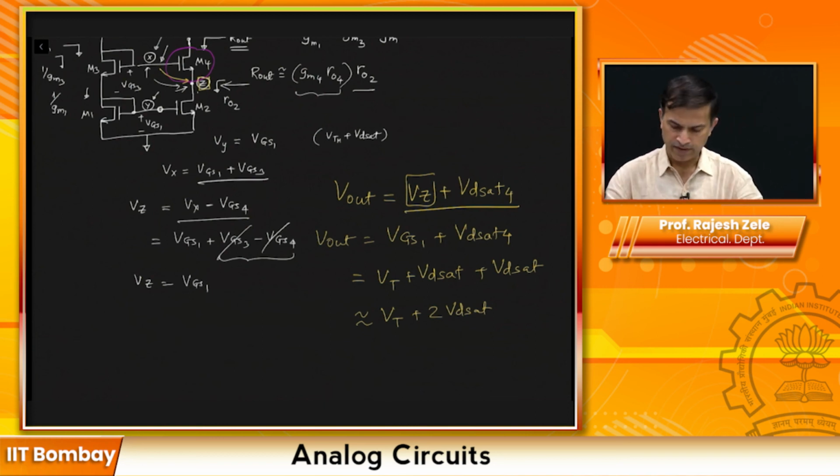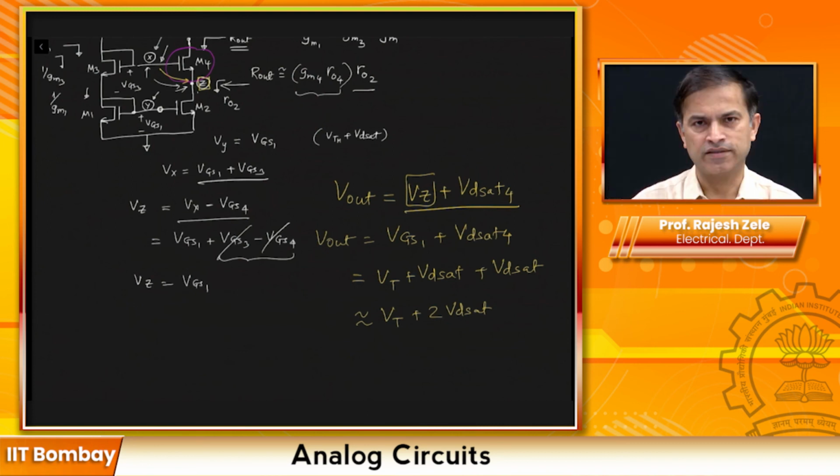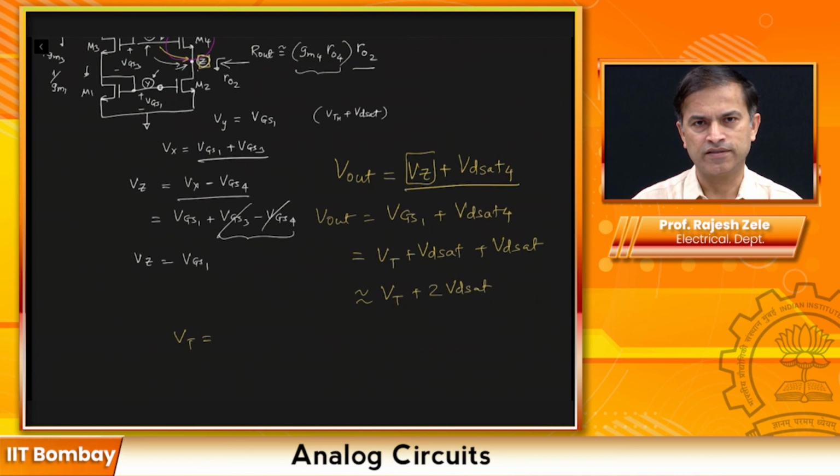Okay, so in this particular case, let's use Vth to be consistent. Vth is going to be, let's say, 500 millivolts for the NMOS device. The Vout is going to be equal to 500 millivolts plus 2 times, if I keep 200 millivolts as VDSat by design, almost 900 millivolts, or 0.9 volts.